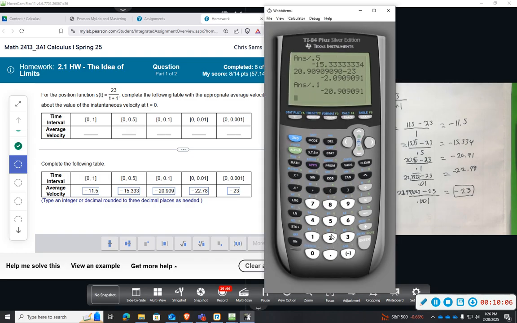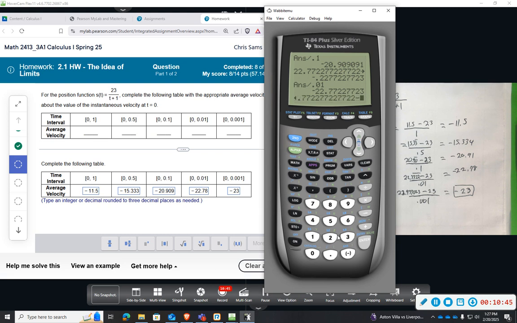And then the 22, and that was 7722 repeating. And I'm going to subtract 23, and we're going to divide by 0.01. I didn't even do anything. I just typed the 23 at the end, so let me make that again. 22.7722, 7722.